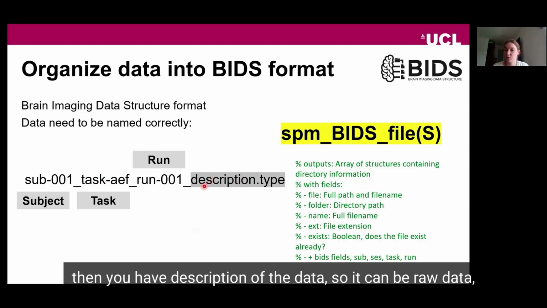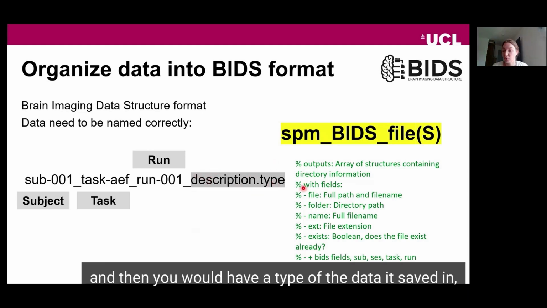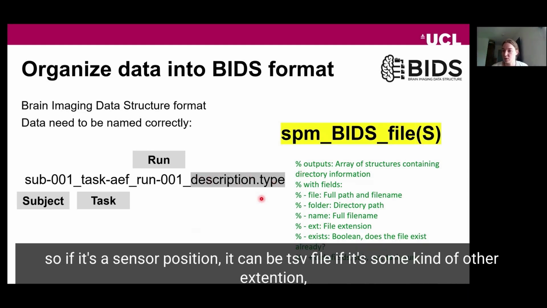Then you have a description of the data. It can be raw data, for example, and then the description part will be MEG, or it can be structural MRI data, and then it will be MRI. Then you have the type of file the data is saved in. So if it's a sensor position, it can be a TSV file.